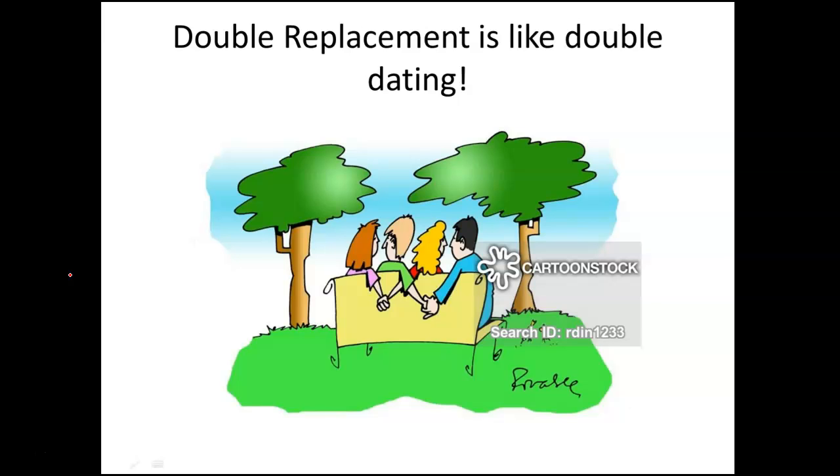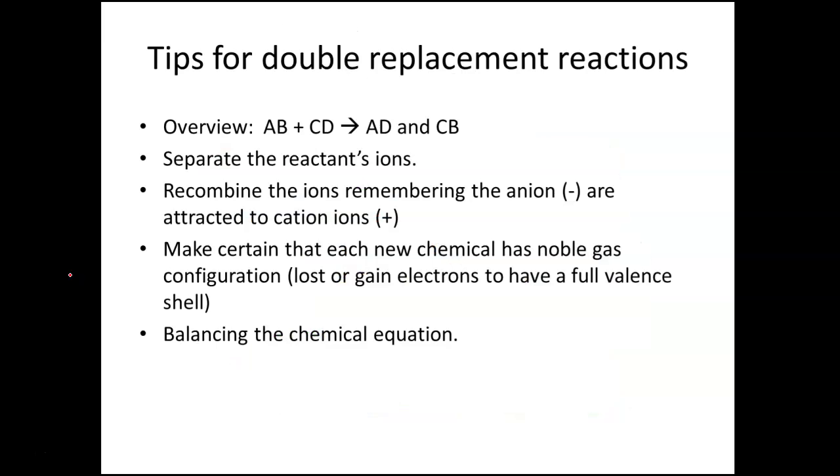Let me describe that in a little bit more detail. Let's say, for example, I have a chemical where A and B are the cation and anion that are together, and then C and D are the other cation and anion together. Here's one couple, there's another couple.